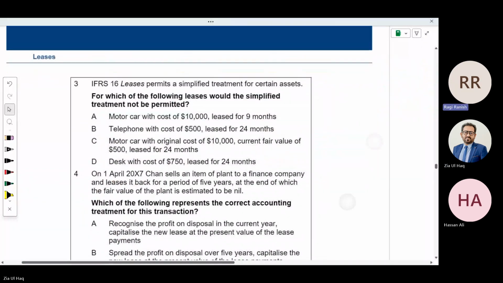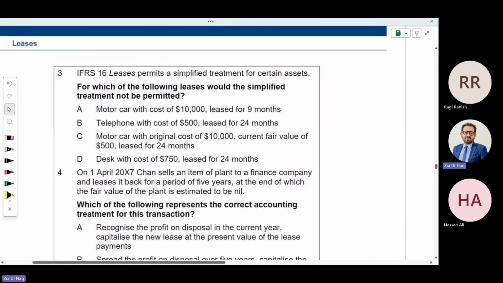Number 3, please. Good luck, everybody. Give me the correct answer.